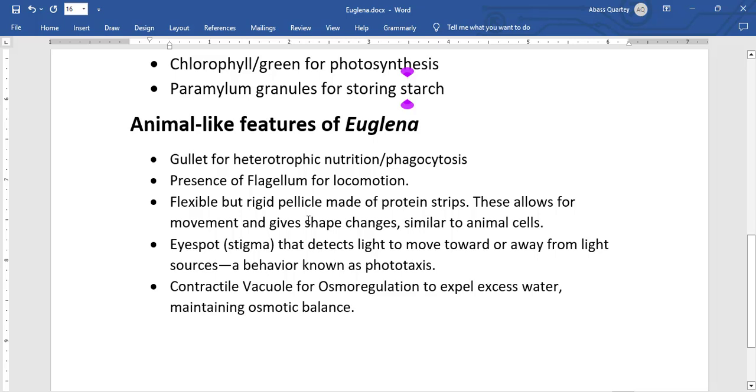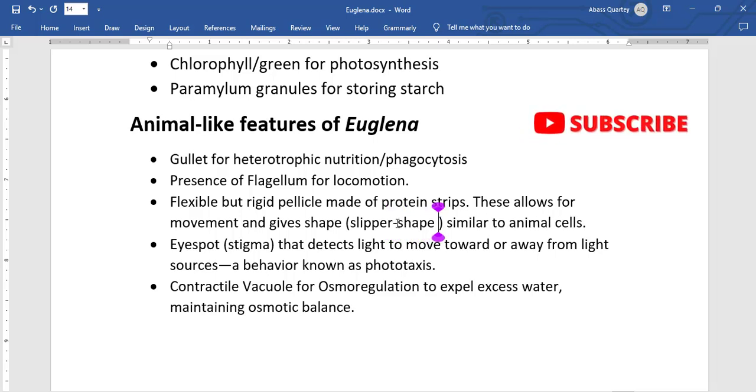Give shape, right? That foot shape or slipper shape of the... sorry, that is not slipper shape.